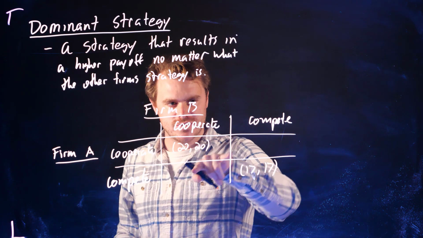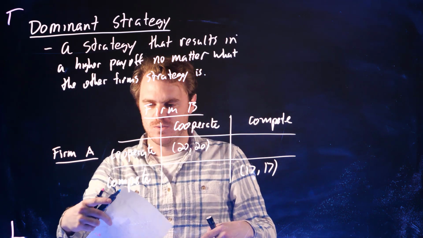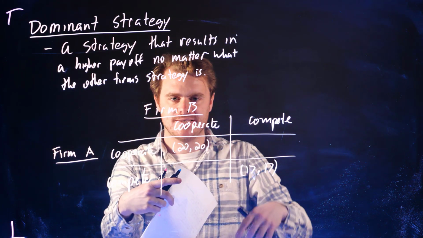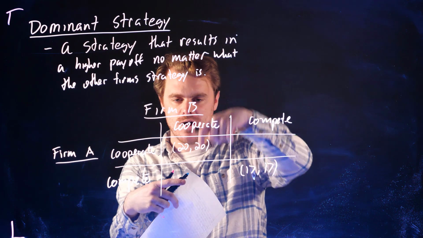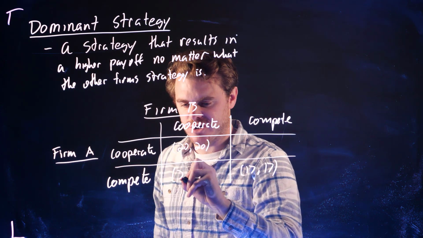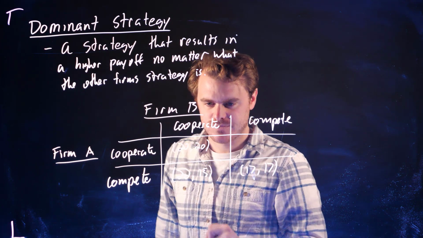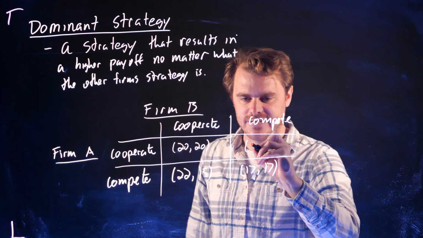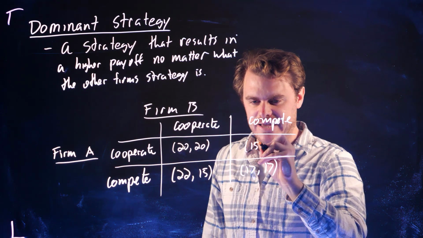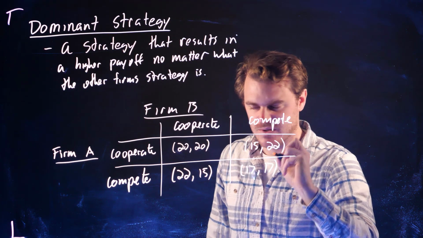And then the other two payoffs were when their strategies differed. So if firm A competes, they're going to produce more, and firm B cooperates, it's going to be a larger payoff to firm A because they're producing more. 22 and 15, it was symmetric, so if firm A cooperated and the other firm competed, they'd only get 15, where the other firm B would get 22.